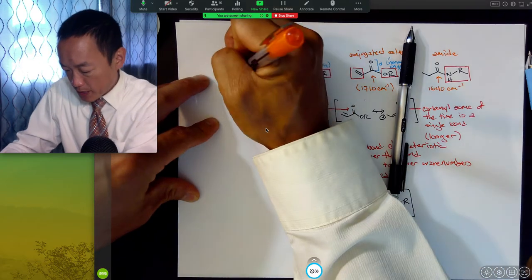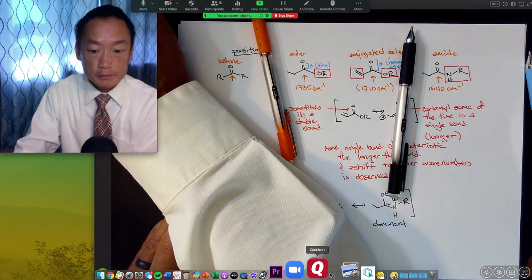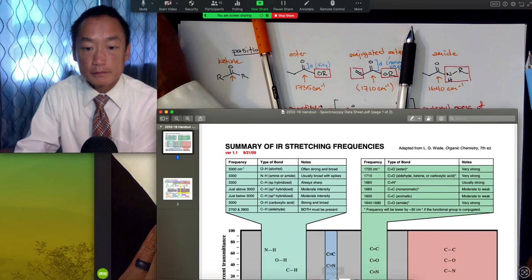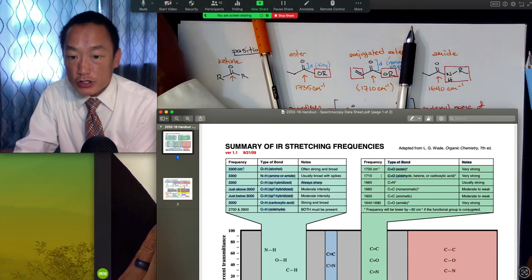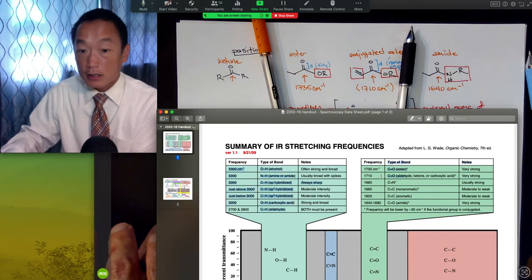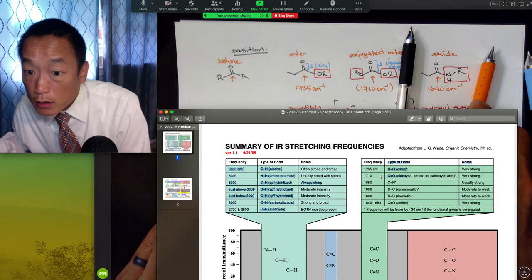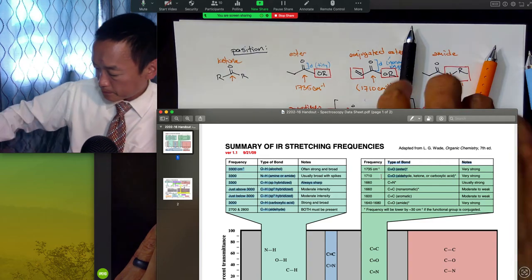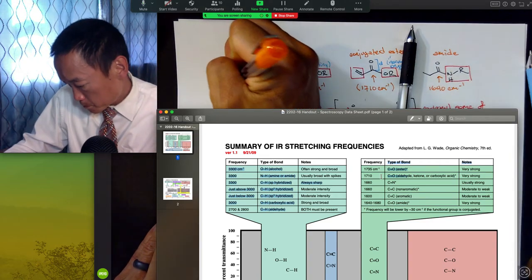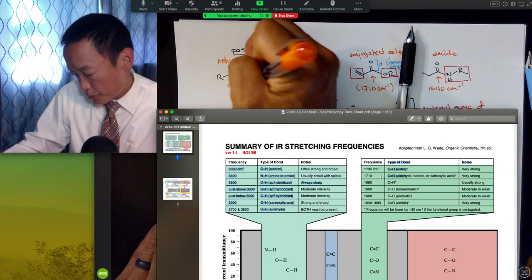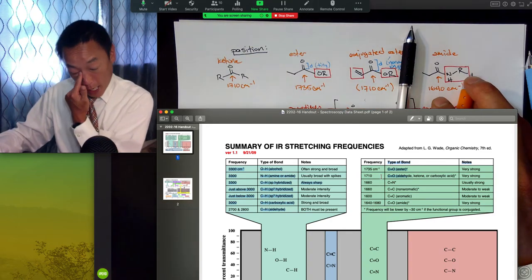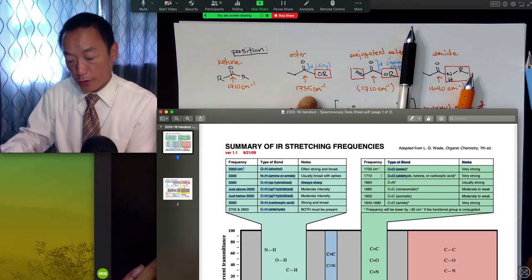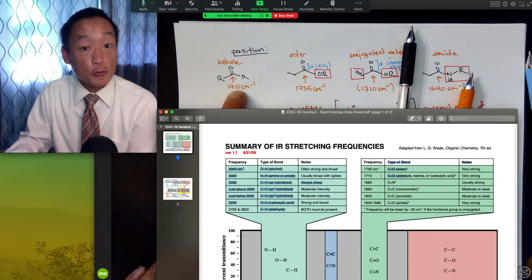We would expect a ketone to appear at 1710 as well. Over in the ester, yeah. So why is this then so much further ahead of this ketone right here?